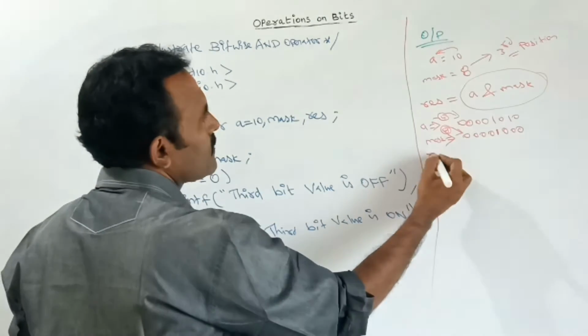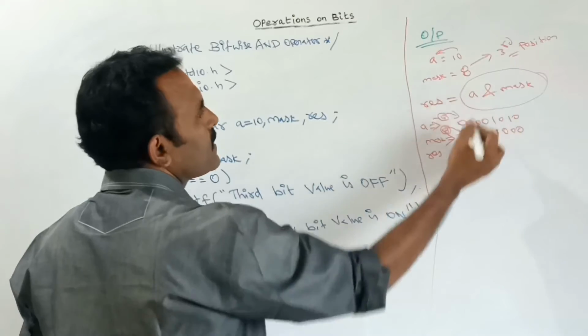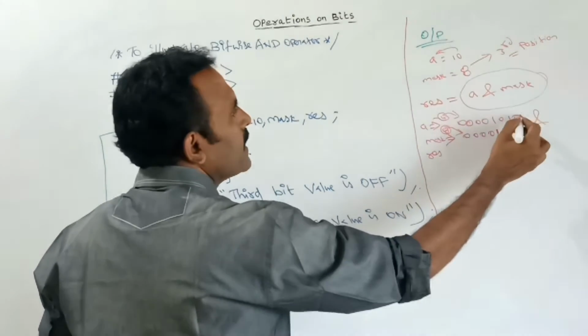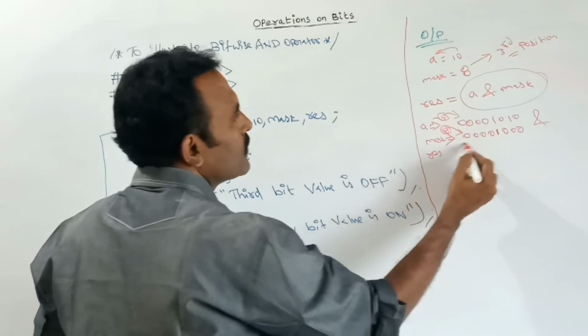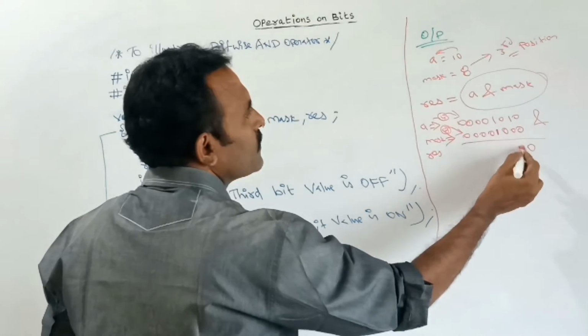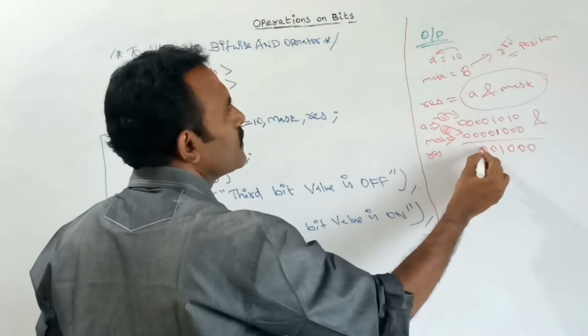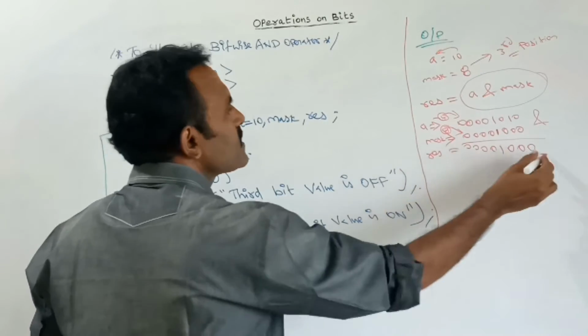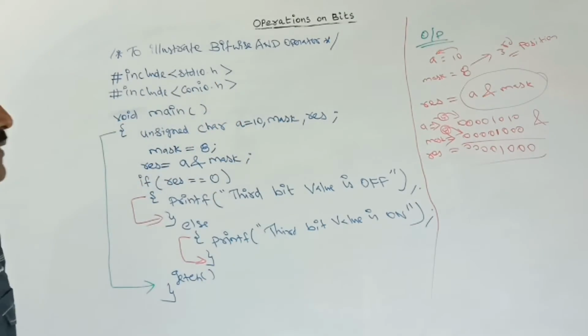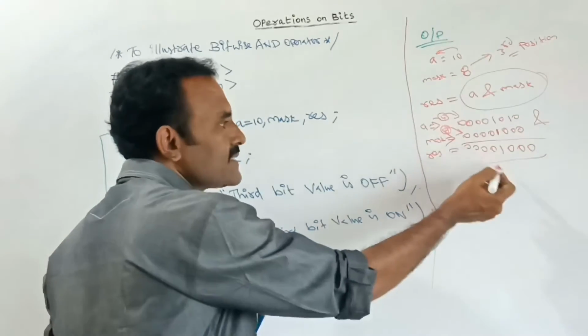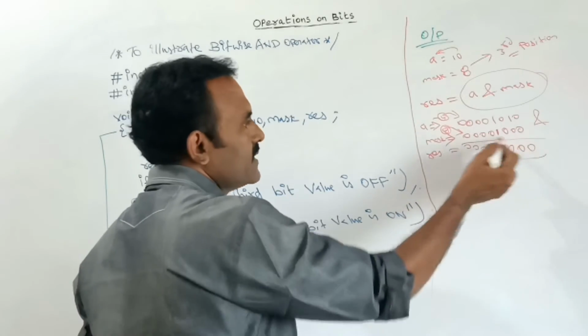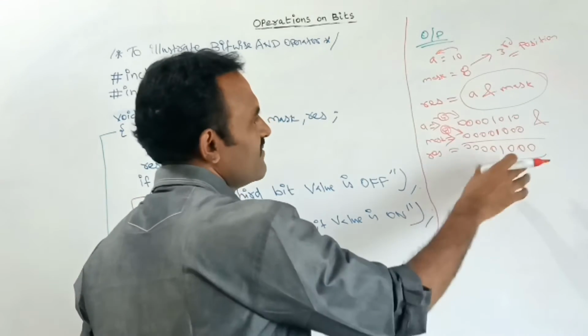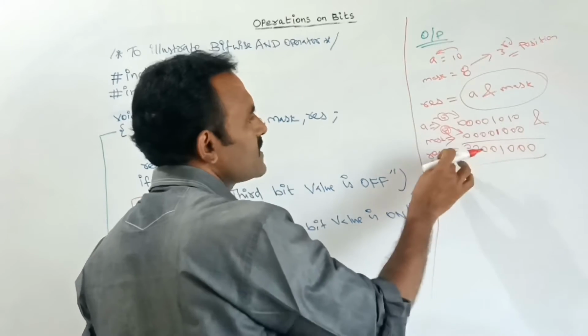Result RES is A and mask. So 0 0 0 1 0 0 0 0. So result is equal to how much? It is not equal to 0. It has some value. If you convert this binary to decimal, it has some value. So here result is not equal to 0.